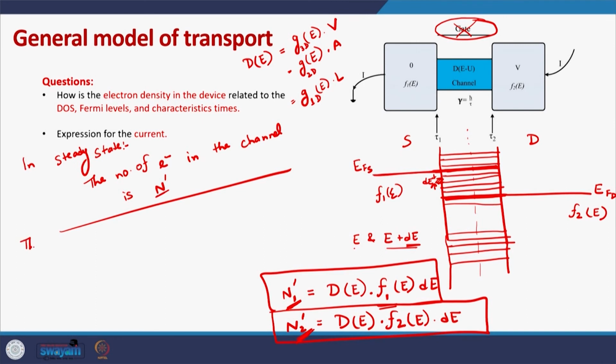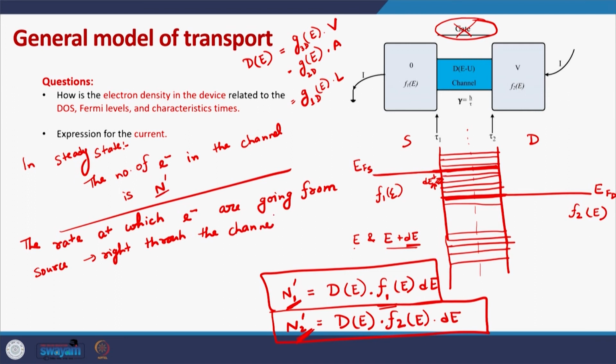So, the rate at which electrons are going from the source right through the channel, if the rate is denoted as F1, will be essentially (N1 prime minus N prime) divided by tau 1, because one electron takes on average time tau 1 to go from the source right through the channel. So, this is the rate at which the source will be pumping electrons into the channel.